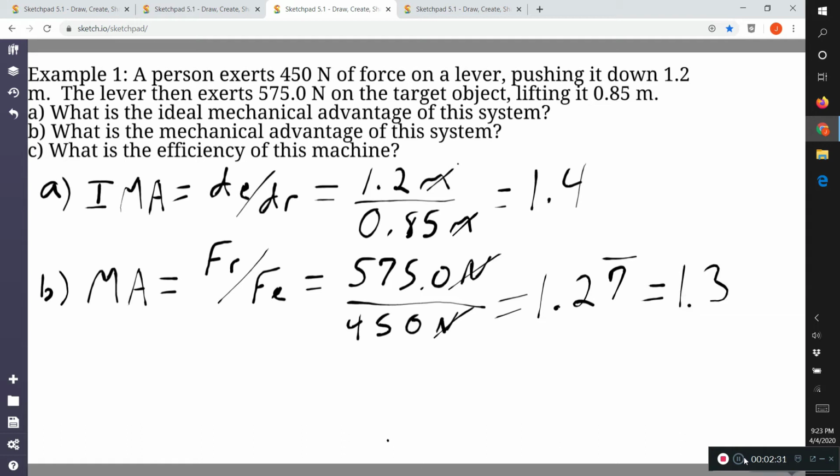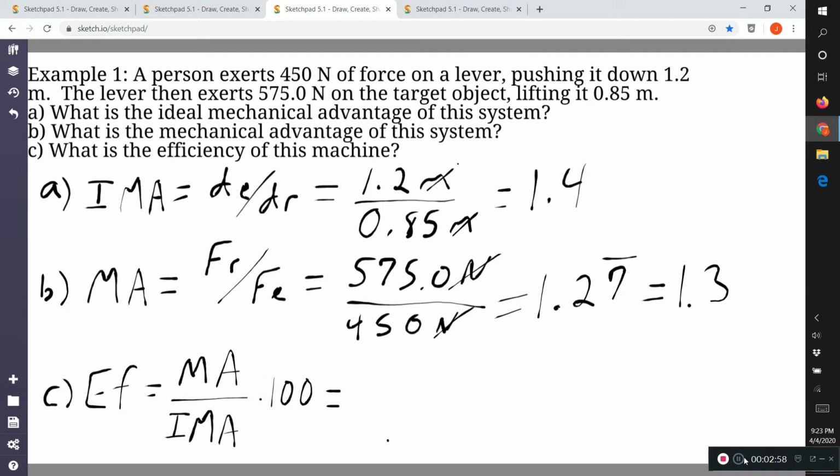Now it's important to note that those are rounded values because when we do part C, we'll need to go back and use the real values or very, very close approximations because we're going to ask for the efficiency of the system. Well, efficiency, since we have mechanical advantage and ideal mechanical advantage, is most easily calculated as mechanical advantage divided by ideal mechanical advantage times 100.